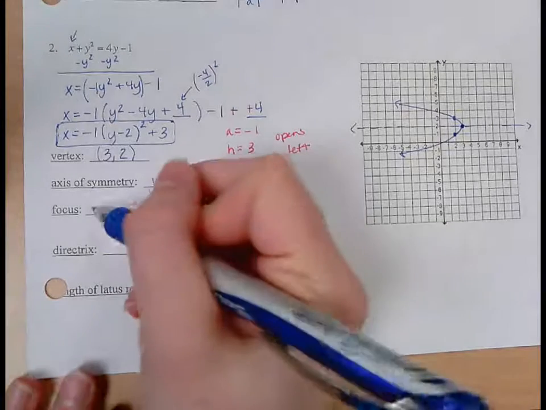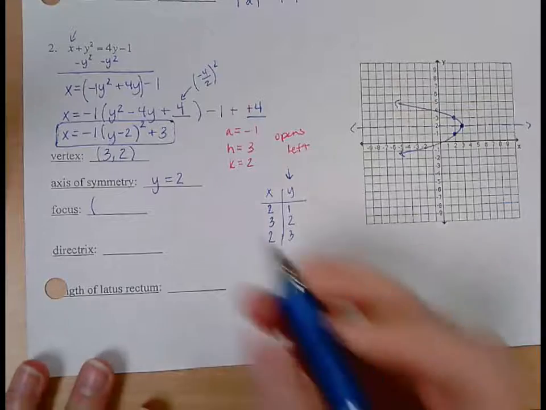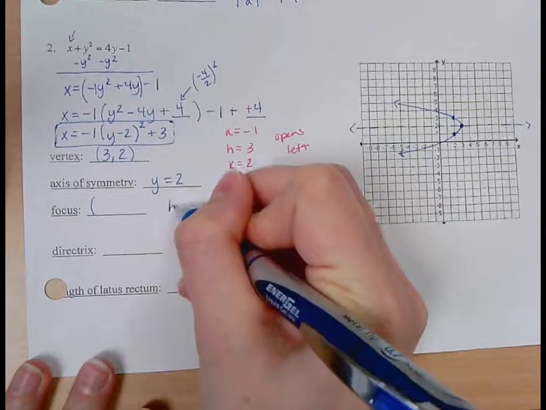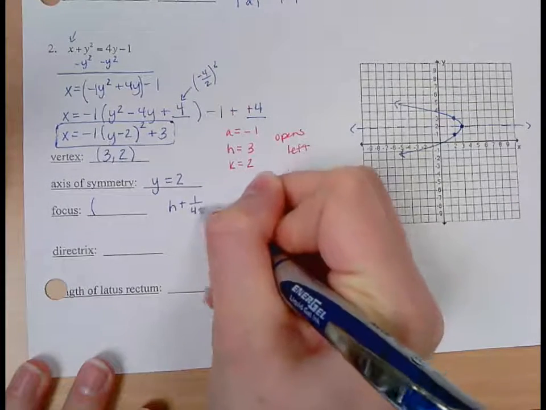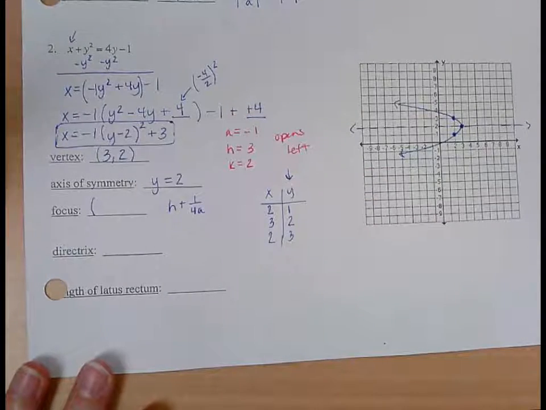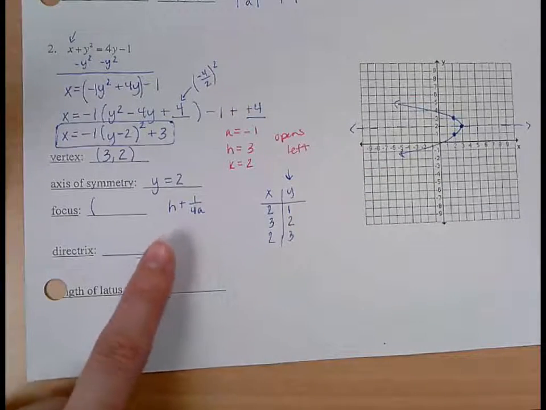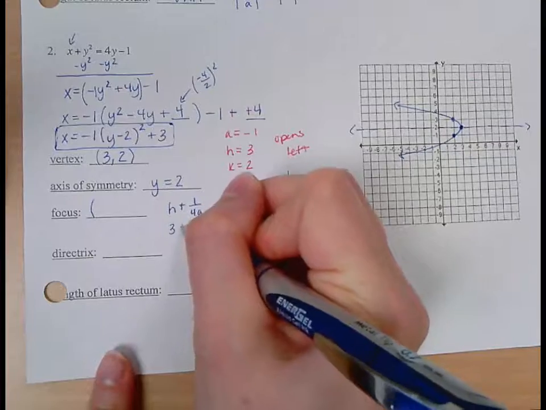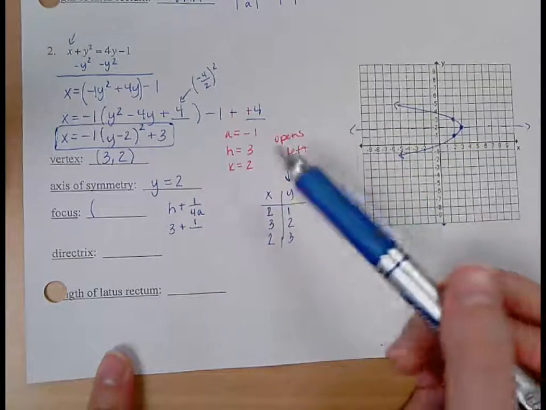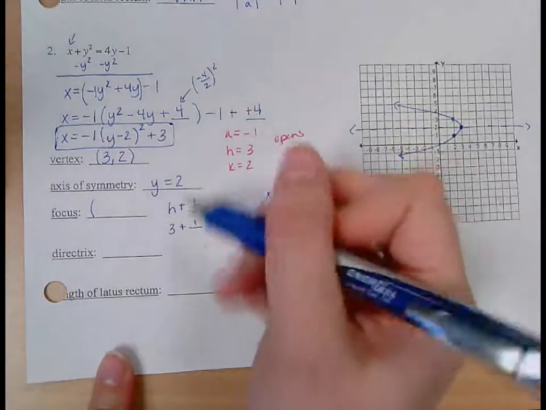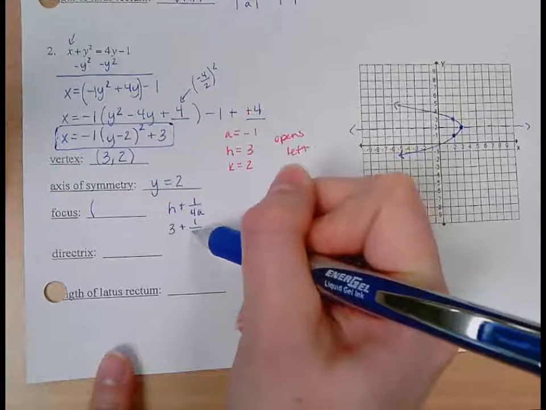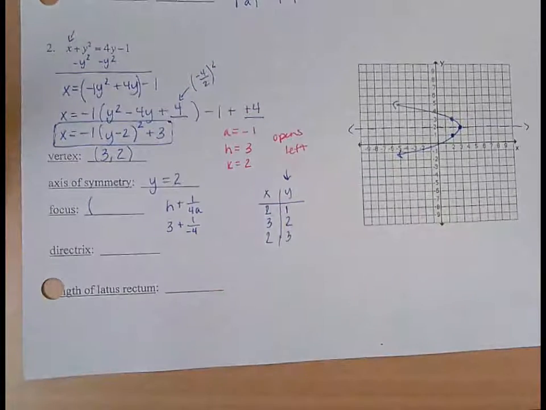so here to find the x-coordinate, I have to evaluate h plus 1 over 4a for the x-coordinate. My h value is 3 plus 1 over 4 times negative 1, so that'd be 1 over negative 4, or negative 1/4.